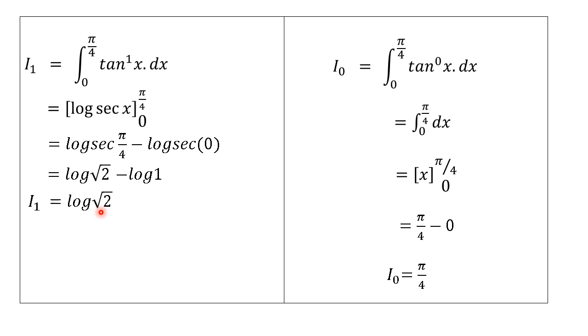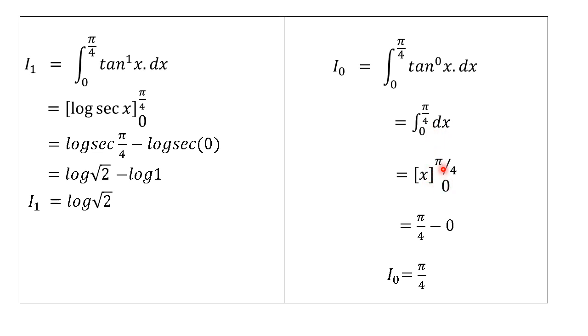Next we want to find out the value of I0. How to find the value of I0? Put n is equal to 0 in equation 1. It becomes integral from 0 to pi by 4 of tan to the power 0 into x. Anything to the power 0 except 0, its value is 1, isn't it? Therefore, integration from 0 to pi by 4 of 1 into dx. Integration of 1 is x.